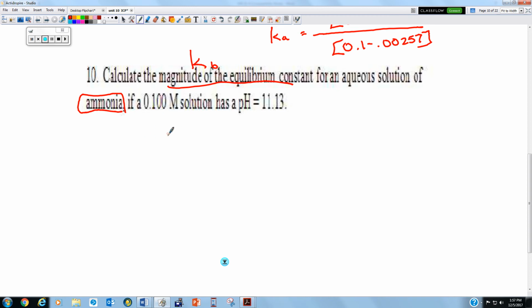Now, first step, what do I need to do? Set up a Rice table. All right. My reaction, what is the formula for ammonia? NH3. What am I going to add it to? Water, H2O.